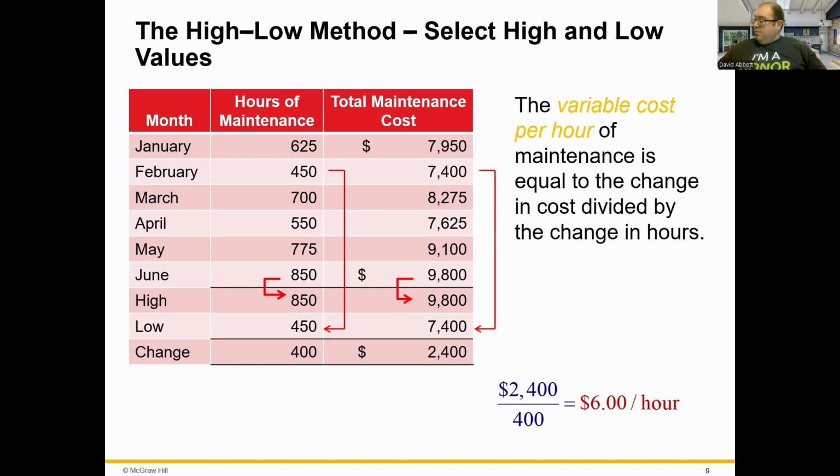Actually, they went ahead and gave you that amount. Just know that the high and low points are identified by the level of activity and not the level of cost. So we're looking just solely at the number of hours in this case.